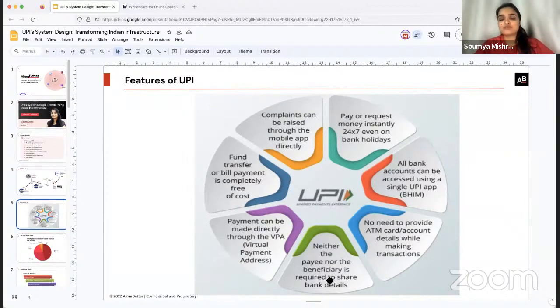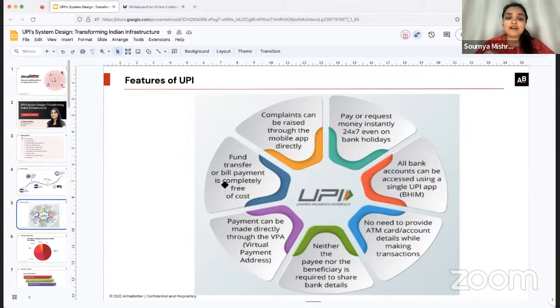Every person has one Aadhaar card number. So similarly, every person's account will be linked to a VPA, the virtual payment address or UPI ID, whatever you call it. You can have multiple UPI IDs depending on the bank account in which you want to transfer. So according to those UPI IDs, payment can be done very easily, very seamlessly.